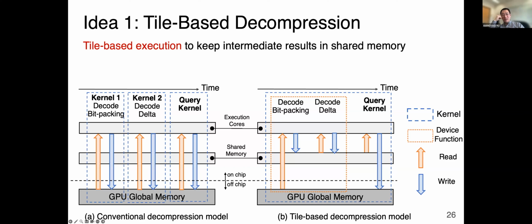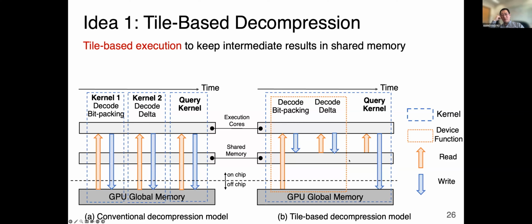What you can do instead is a tile-based execution. Again, you chunk your data into smaller tiles so that each tile can fit in the on-chip shared memory. You read in a tile, you do the multiple decompression steps, you write the data to shared memory, and you read data from shared memory.